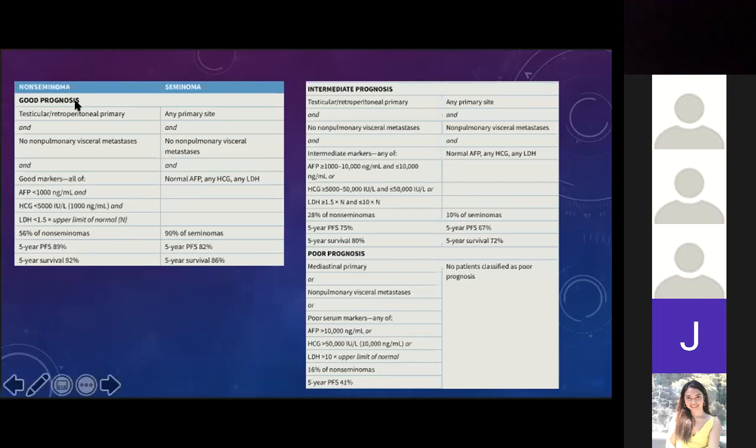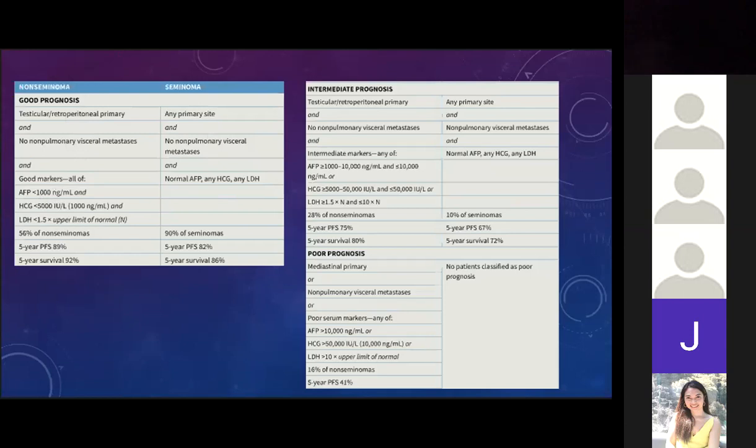For your non-seminoma, the good prognosis includes a testicular or retroperitoneal primary and no non-pulmonary visceral metastasis with good markers on AFP, HCG, and LDH. While in seminoma, any primary site with non-pulmonary visceral metastasis and normal AFP, HCG, and LDH.